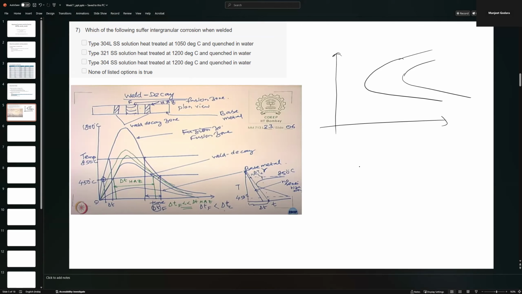Even if you're quenching, it's not immediately going to zero. It may pass through the carbide forming zone, when it's between 450 and 850 degrees Celsius.